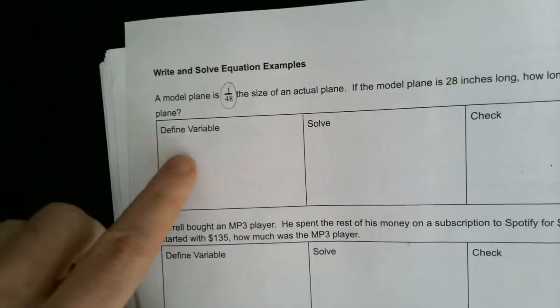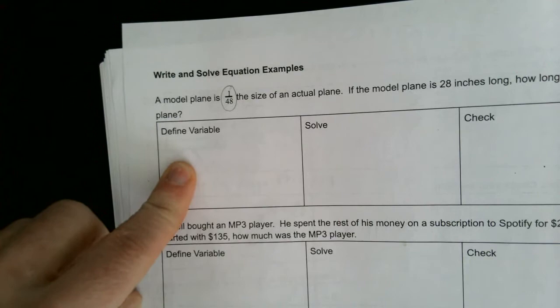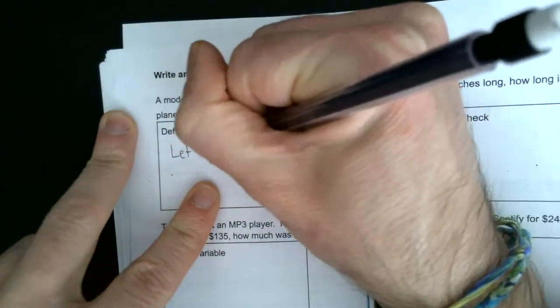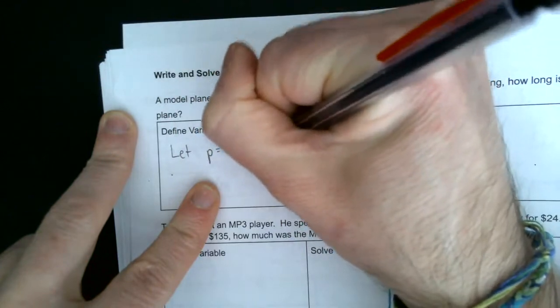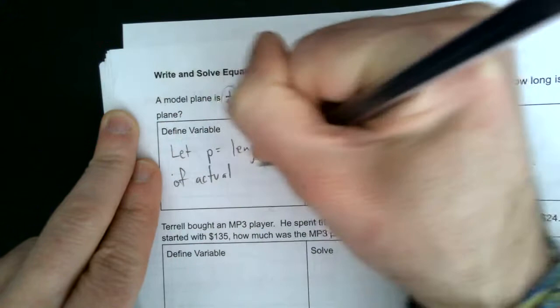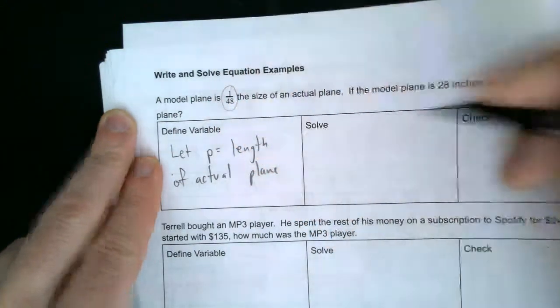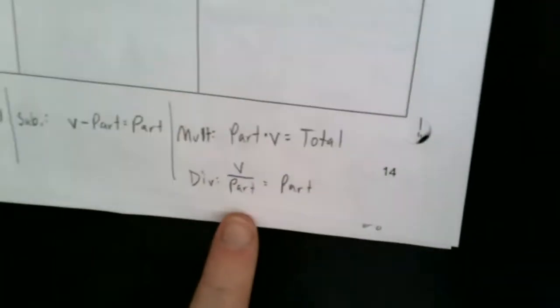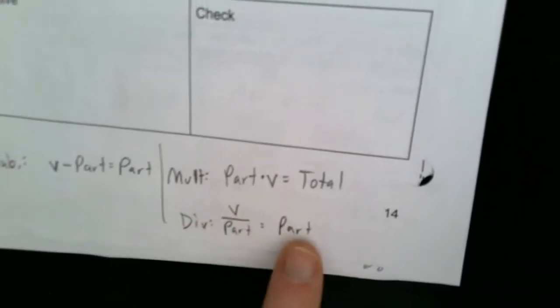That's what I'm thinking. So how long is the actual plane? That's what we're trying to find. Let P equal the length of the actual plane. First thing would be to write the let statement. All right, so to solve this, we're going to take P. I think this is division, so if we look at the bottom, it's going to look like this. Variable divided by a part equals another part.